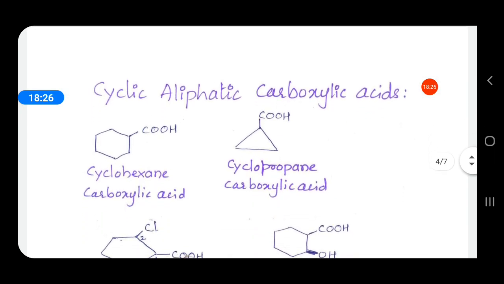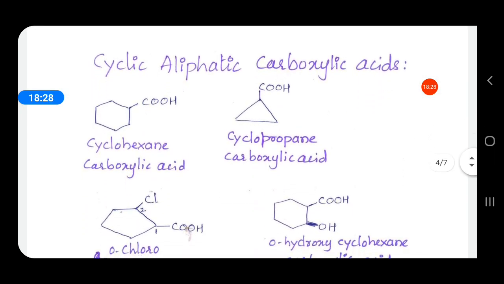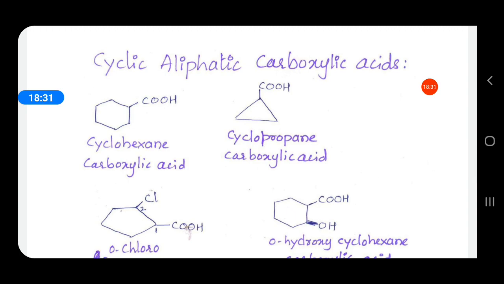Suppose cyclic aliphatic carboxylic acids, then how are they named? Here, depending on the number of carbons, propane, butane, pentane is taken. The prefix added is cyclo because they are in cyclic form. If 6 carbons are there in the compound and joined at the end to make a ring, it is called cyclohexane.